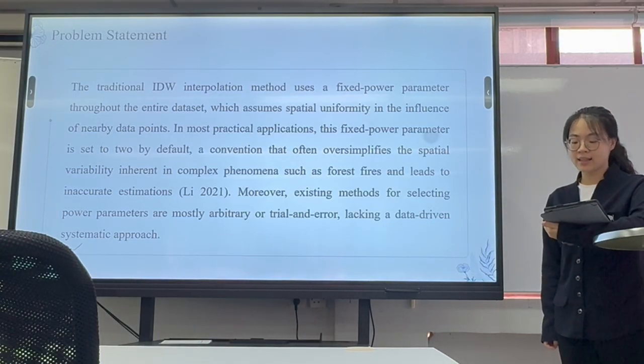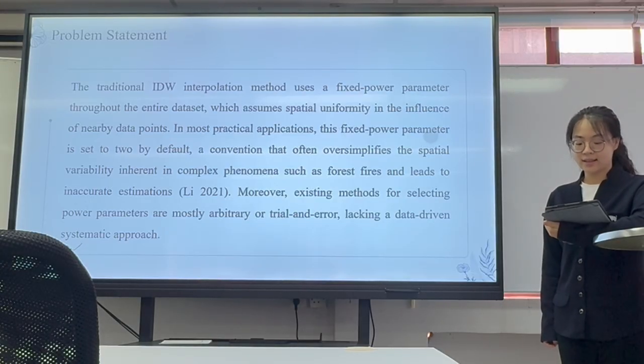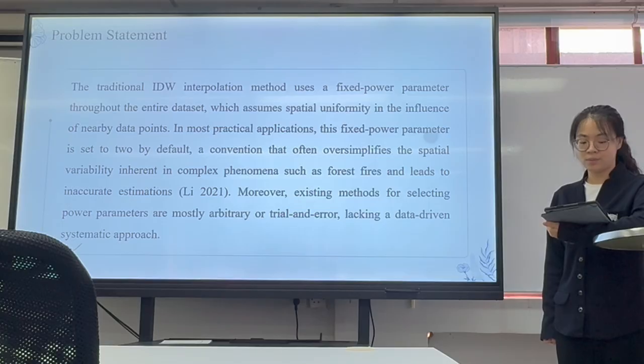The traditional IDW interpolation method uses a fixed power parameter throughout the entire dataset, which assumes spatial uniformity in the influence of nearby data points. In most practical applications, the fixed power parameter is set to 2 by default.